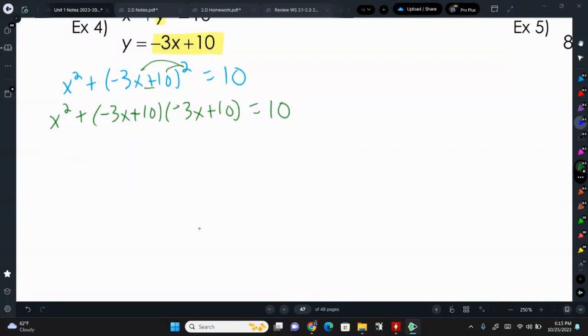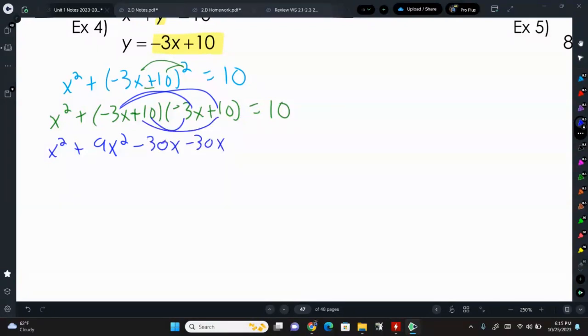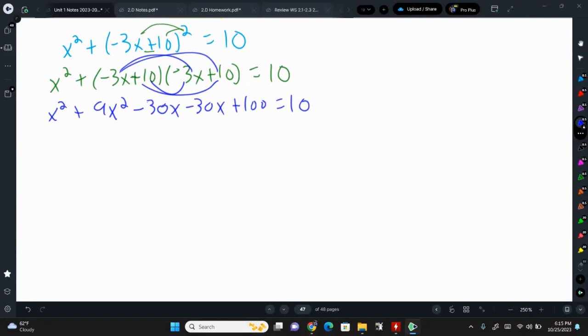And then we have to FOIL this. So x squared plus 9x squared minus 30x minus 30x plus 100 equals 10. So that we can solve this, we have 10x squared minus 60x plus 100 equals 10.